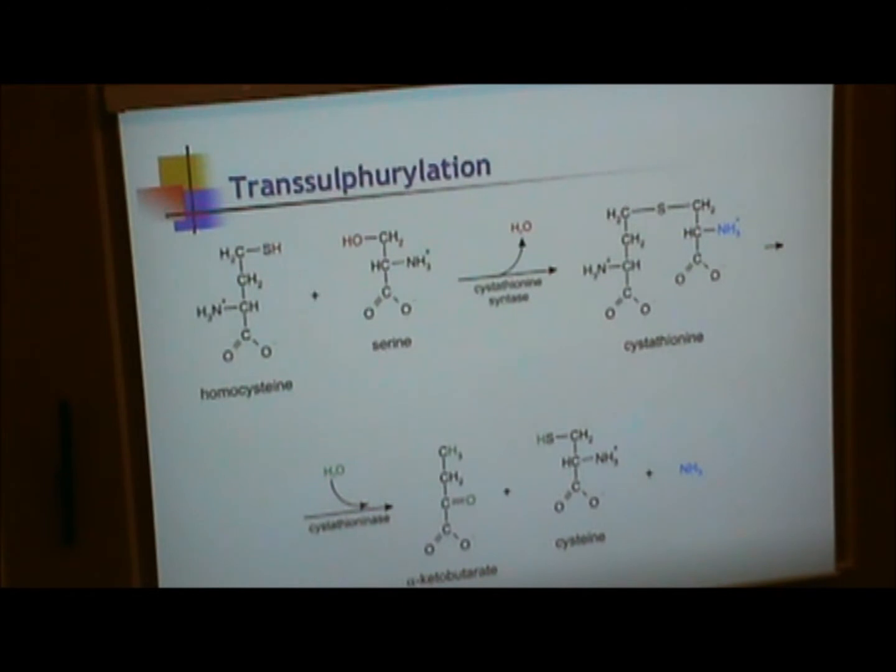Some amino acids participate in biosynthesis of other amino acids in a process which is called transsulfuration. How does this process look? So, transsulfuration may produce cysteine from homocysteine and serine.